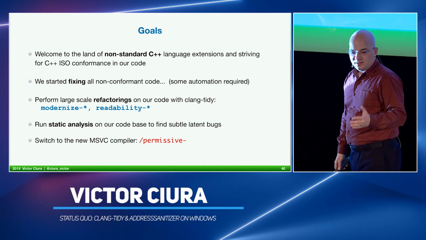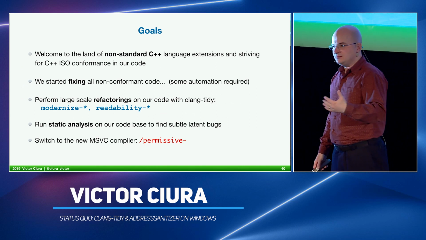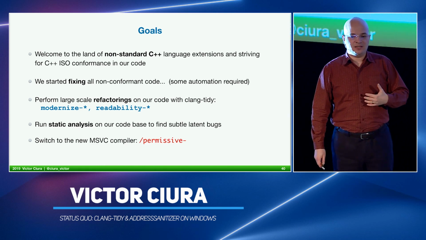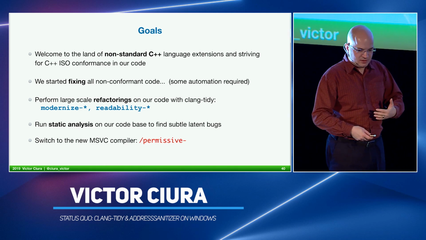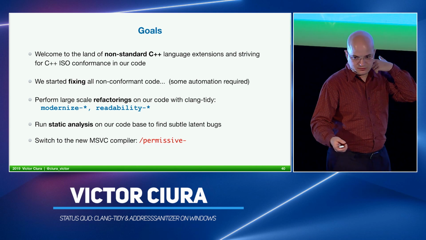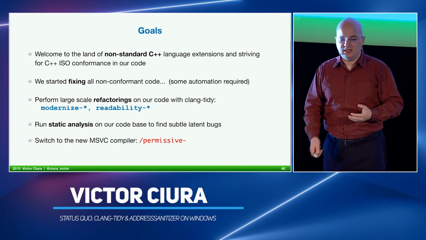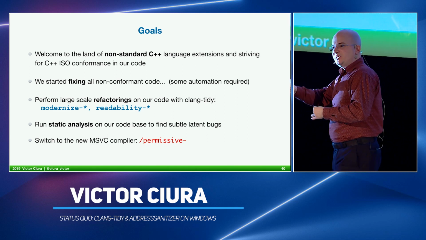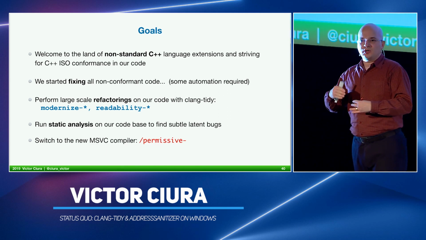So you're going to start fixing this code and finding bugs. It's a long process. In doing so, you're going to need to do some large-scale code transformations. Not everything can be done by hand. So you're going to leverage Clang-tidy as you're building a more conformant version of your code base.